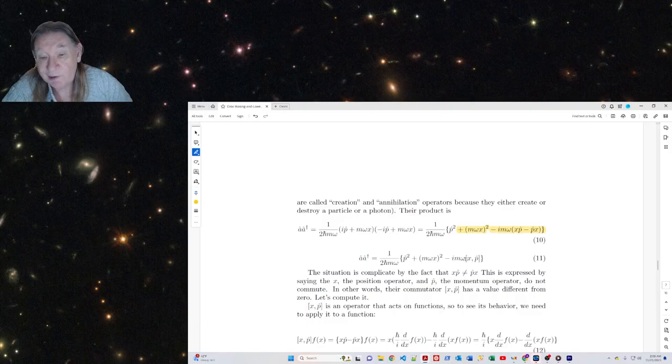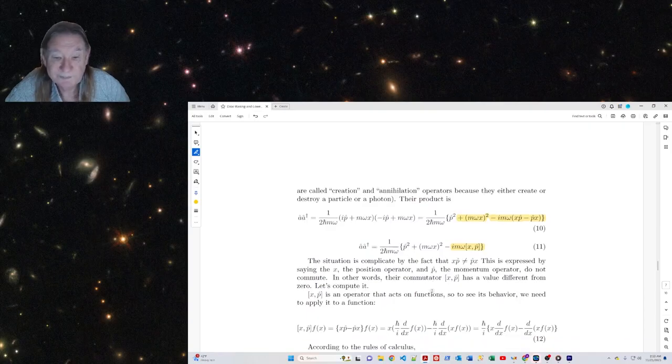This is the commutator of x and p. It's written this way with the square brackets. Now, xp does not equal px, and so the difference is not equal to 0. And the way we describe that is we say that position and momentum don't commute. The value of the difference is non-zero.